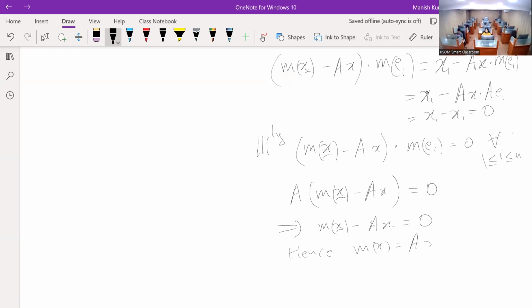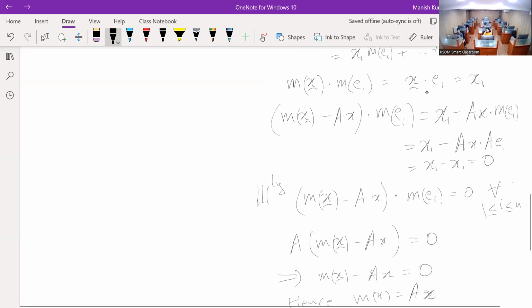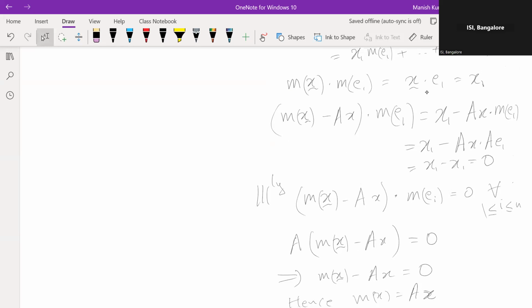Sir, can't we directly say that Mx is equal to Ax from the fact that Mx minus Ax dot M of ei is equal to 0 for all i? Yeah, you can say it directly. It is going to be orthogonal to a basis vector, and a vector which is orthogonal to a basis vector has to be 0.